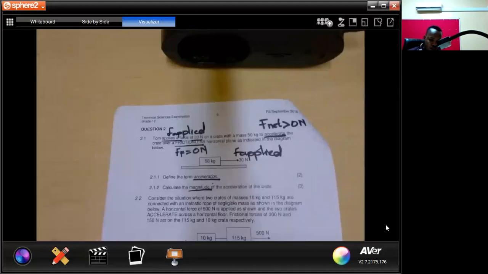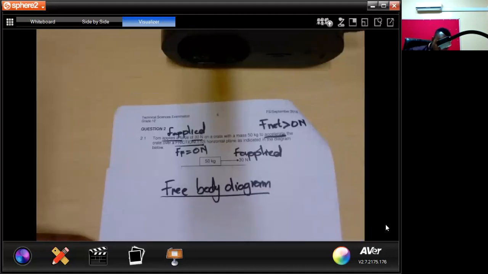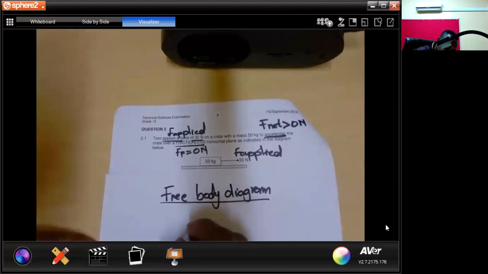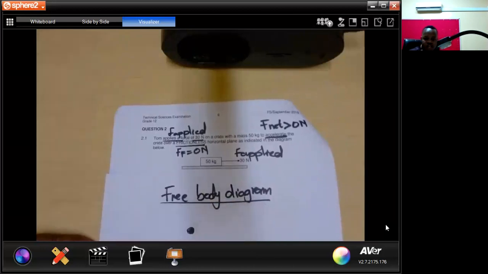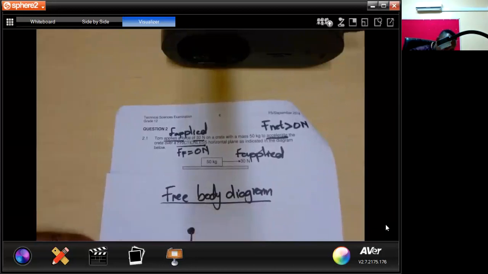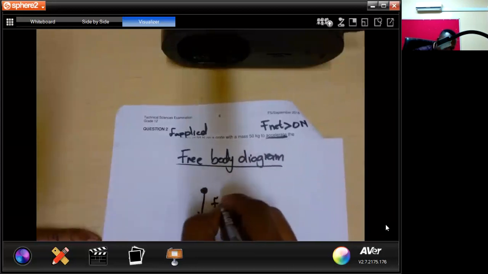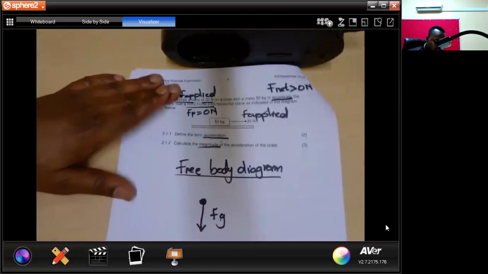So if we look at this object and we try to do a free body diagram, remember in our free body diagram, we represent the object with a dot. And we know all objects are attracted towards the center of the earth, and that is through the force of gravity.